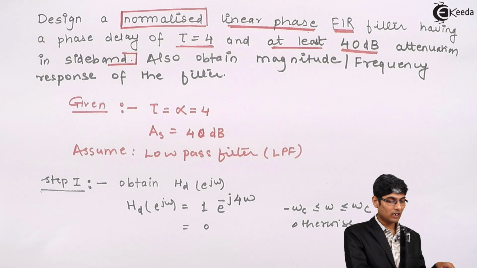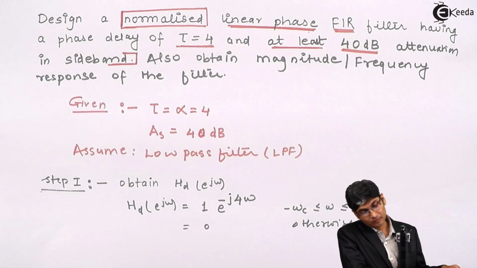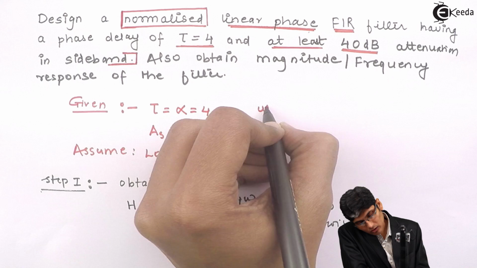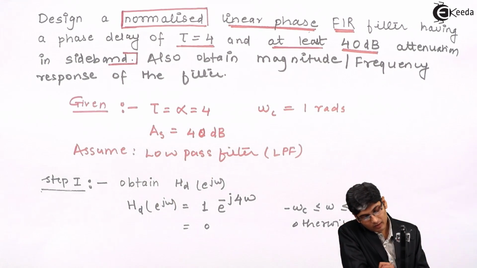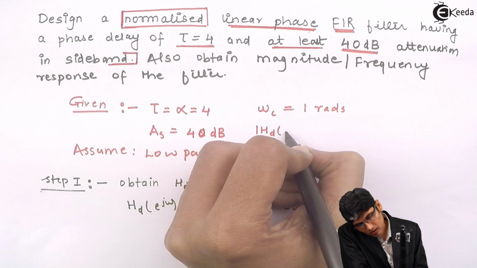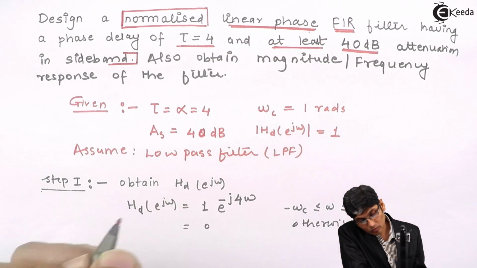Whenever they say that you have to design a normalized low pass filter, the word itself means that your cutoff frequency is 1 radian and the modulus of HD of e raised to j omega should be equal to 1.